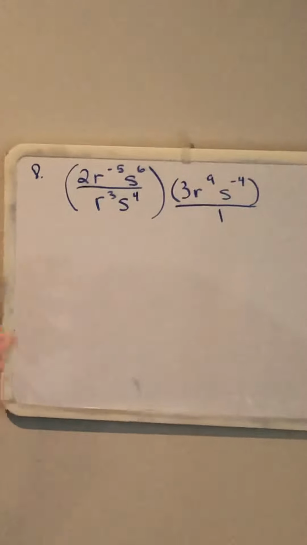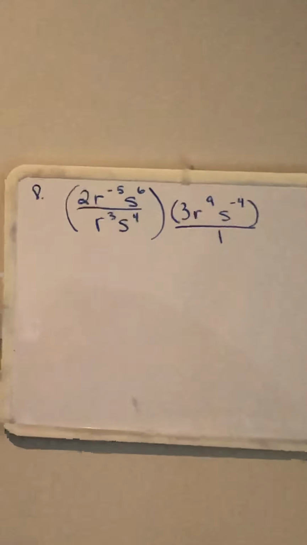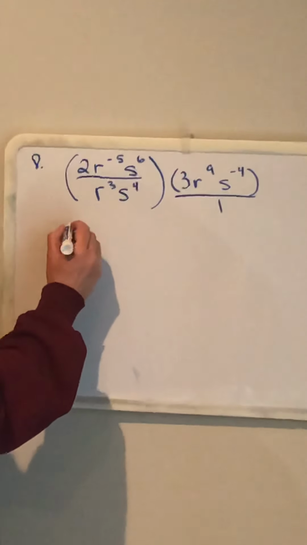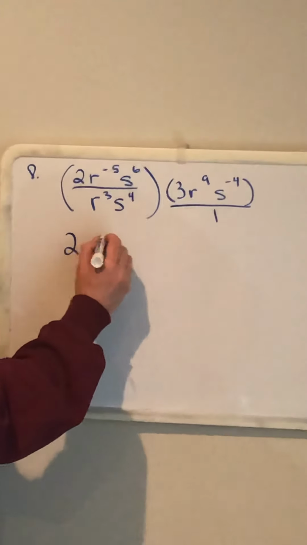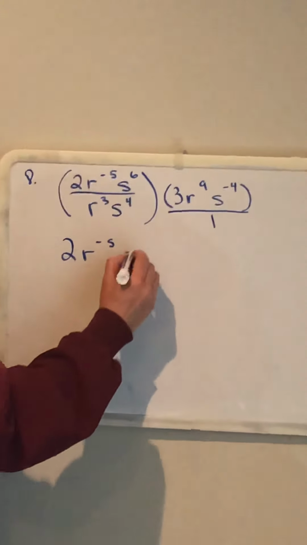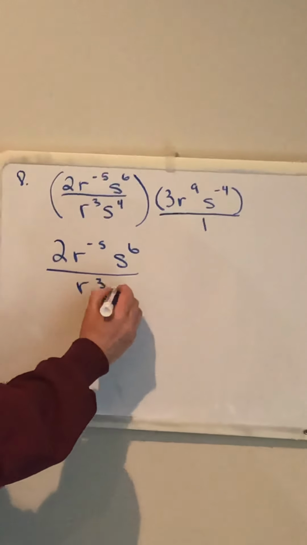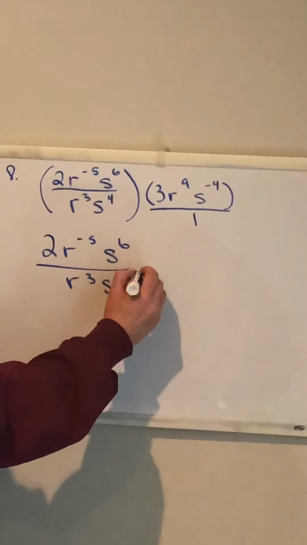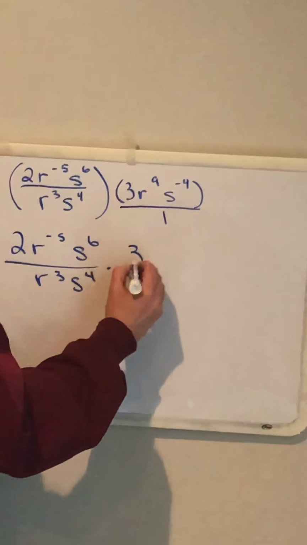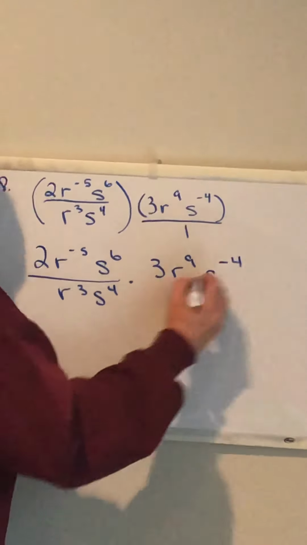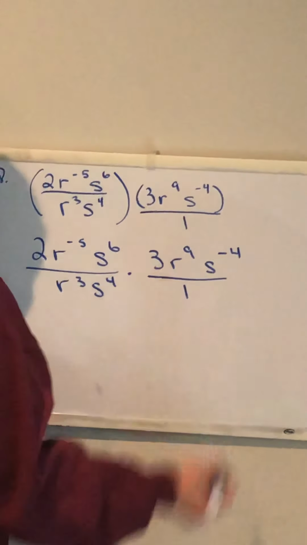So then if you take a look at it and you take the parentheses off of it, because parentheses can be distracting, and you just look at it like this, 2r to the negative 5th, s to the 6th, over r to the 3rd, s to the 4th, times 3r to the 9th, s to the negative 4th, over 1.